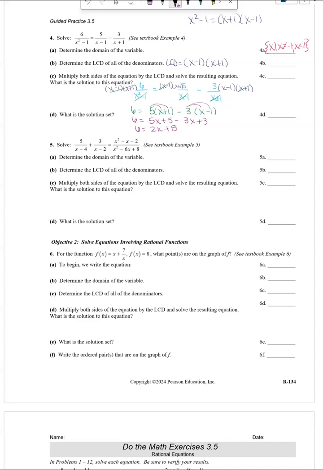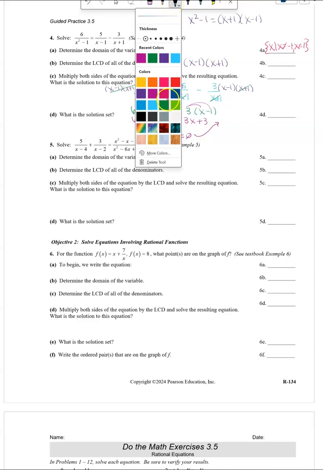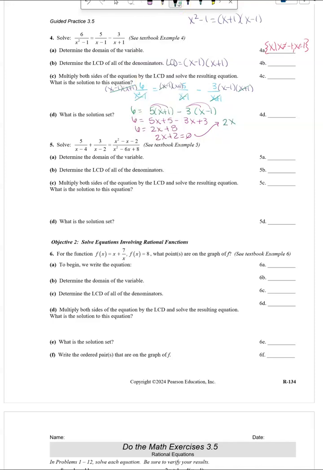If we subtract 6, we're going to get 2x plus 2 equals 0. So this is going to give us 2x equals negative 2. We divide by 2, so x equals negative 1. But we know that x cannot equal negative 1, right? So our solution set is going to be the empty set.